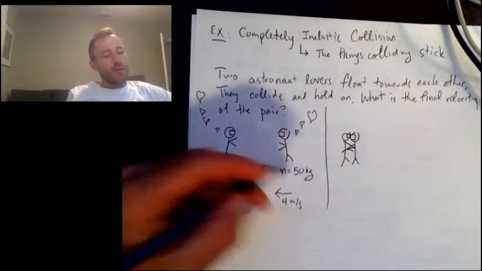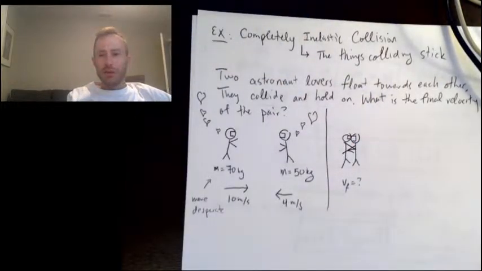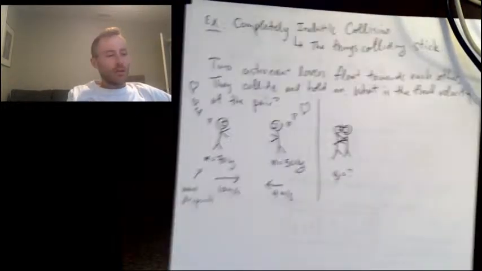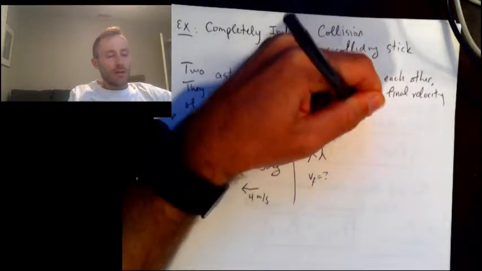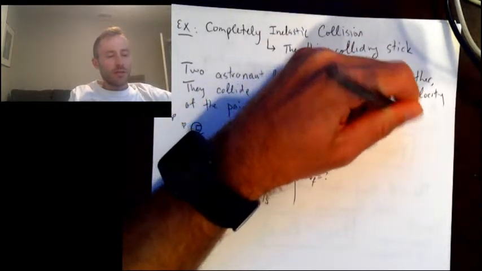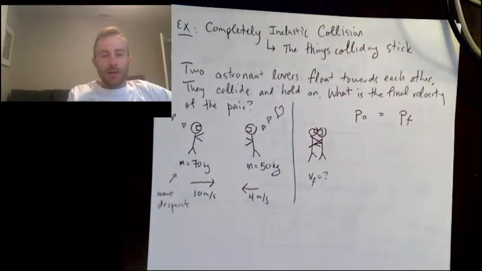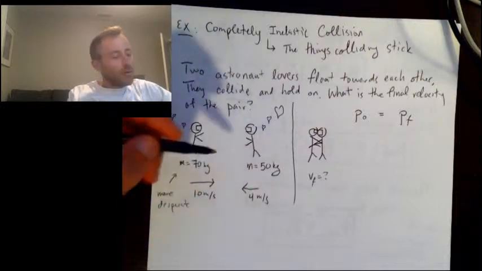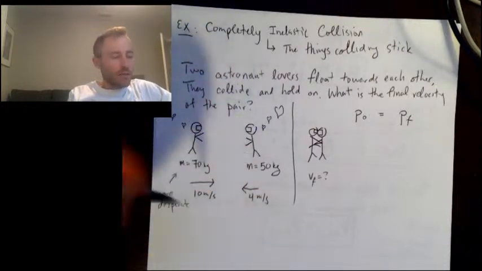So we want to figure out what is the final velocity. And so we are going to use the conservation of momentum. Initial momentum equals final momentum. The initial momentum has two parts: the momentum of the left astronaut and the momentum of the right astronaut.